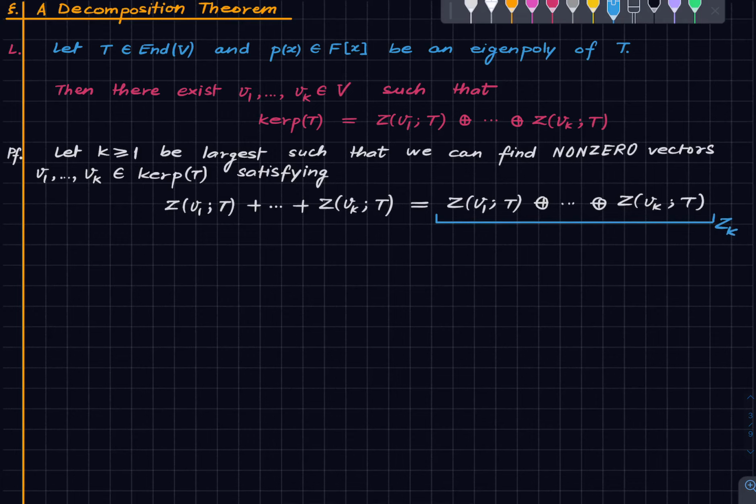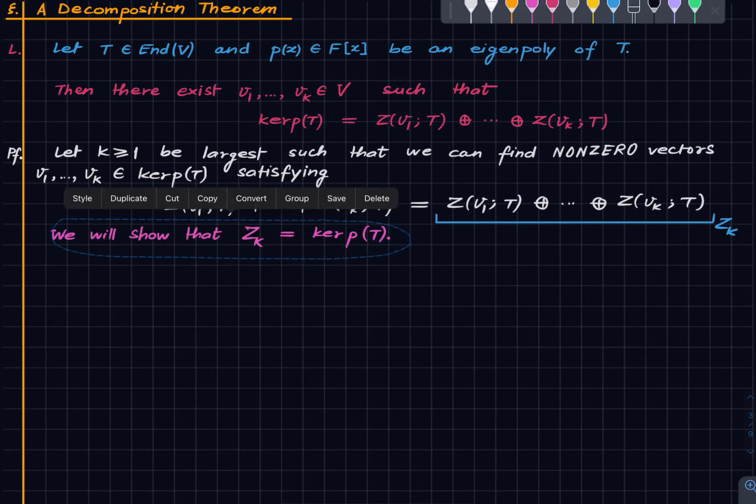So we will call this Z_k, and we will show that this Z_k is actually equal to the kernel of P(T), and that will finish the proof. Okay, so we will proceed by contradiction. So suppose not. Yeah, suppose not.